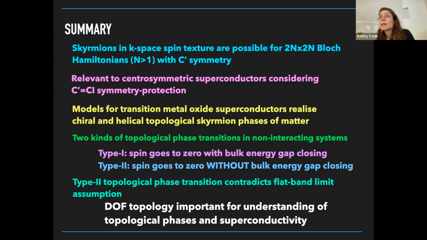A modified C? I really haven't had a chance to explore the other symmetries that could lead to non-trivial homotopy groups for spin. That's something that has to be explored.